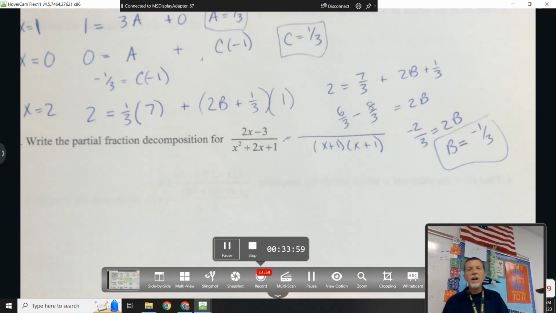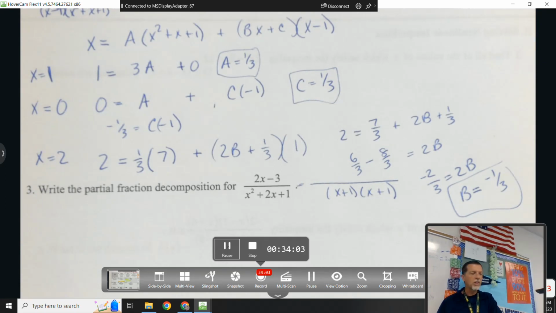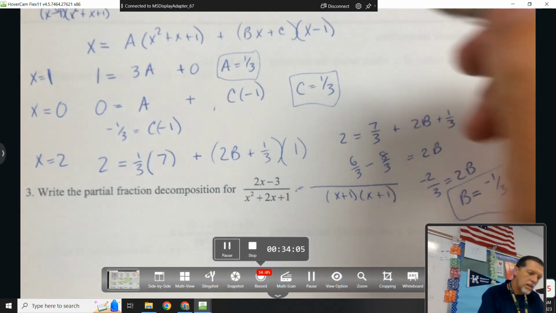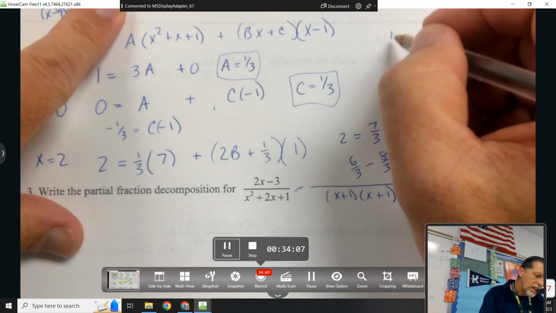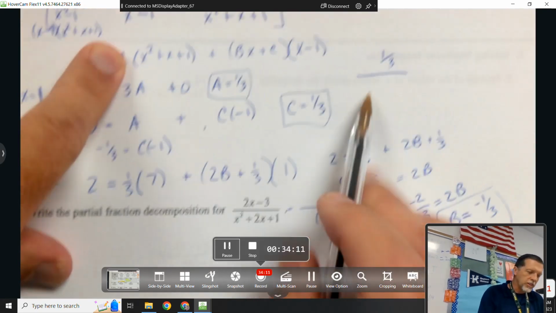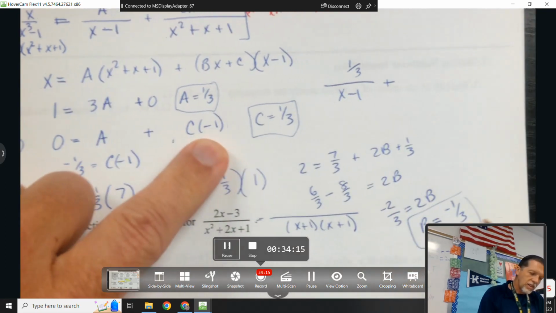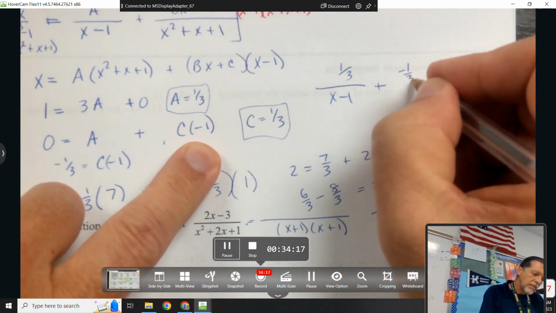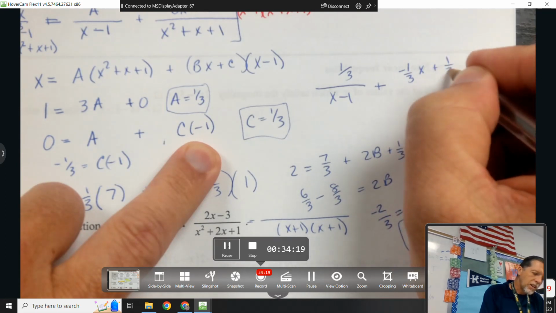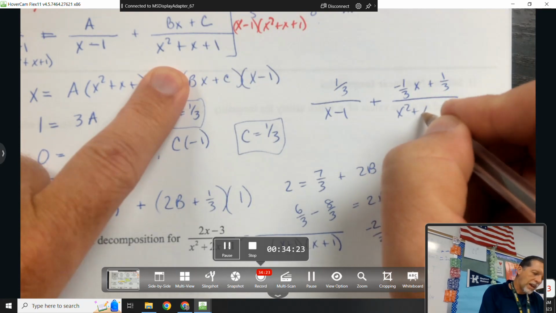Again, I'm not done with my answer until I put my answer in the form of a question. So a over x, and I don't mind the fractions in fractions, so I'm just going to put 1/3 over x minus 1 plus -1/3 x plus 1/3 over x squared plus x plus 1.